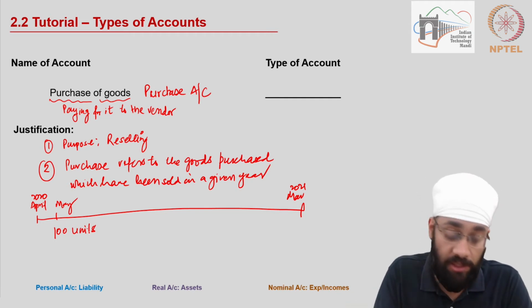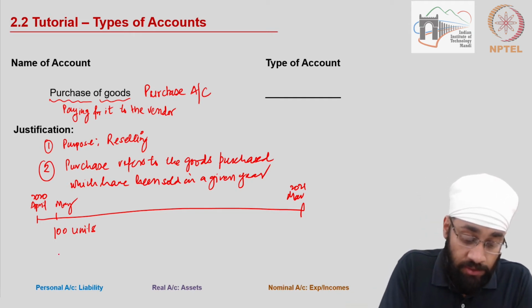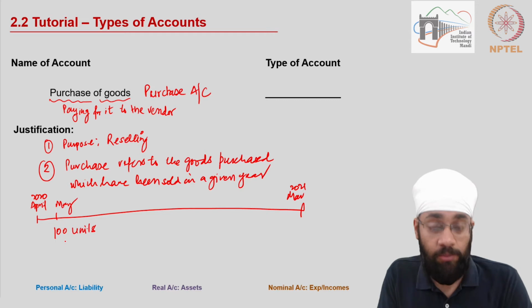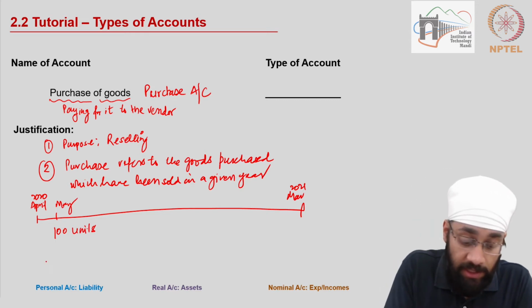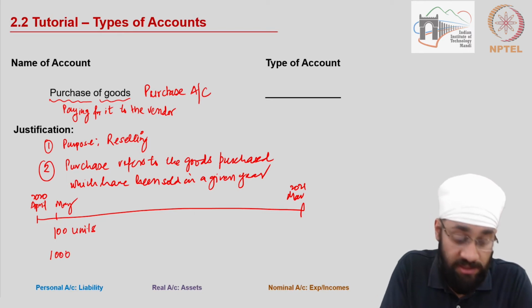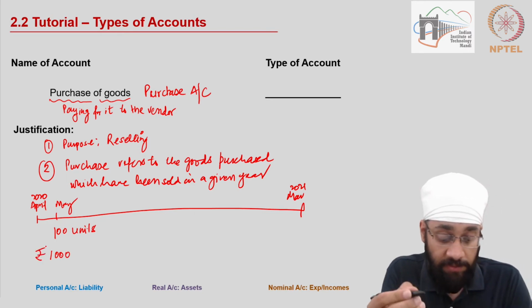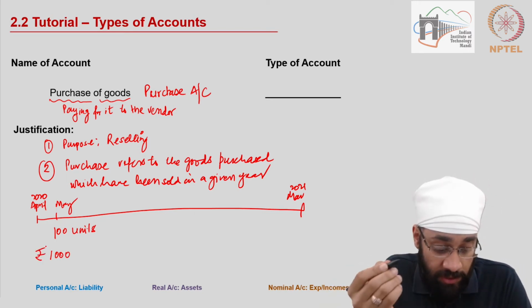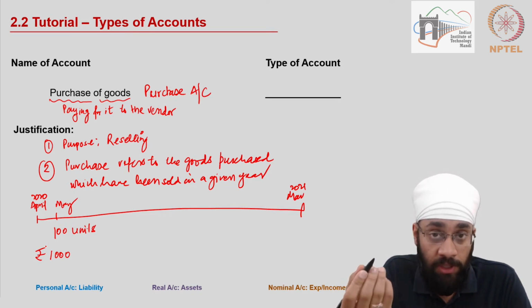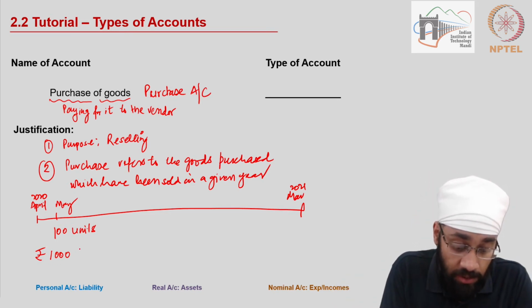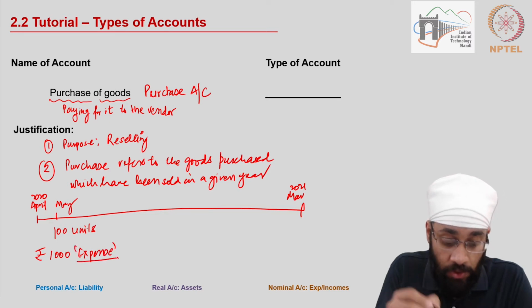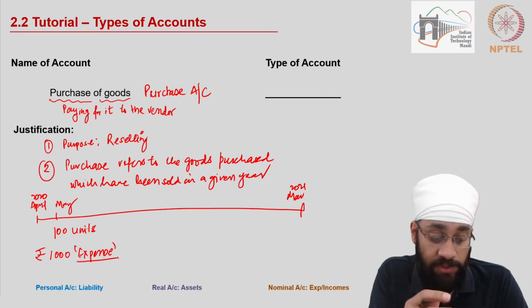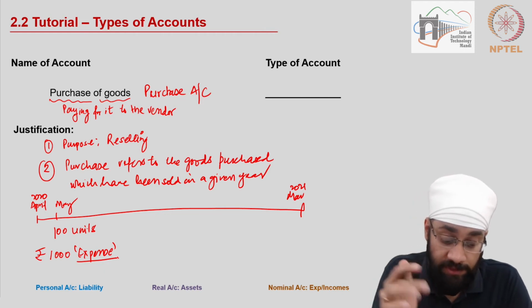You purchase things and then you sell them further. So these 100 units are available to you for selling. And let's say 10 rupees is the cost price per unit of this good. So 1,000 is the money that you have spent. So right now, your total cost is 1,000, and let's say you have paid all of this.